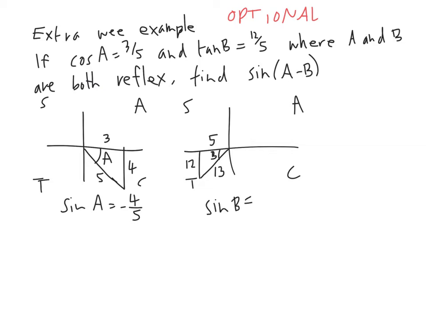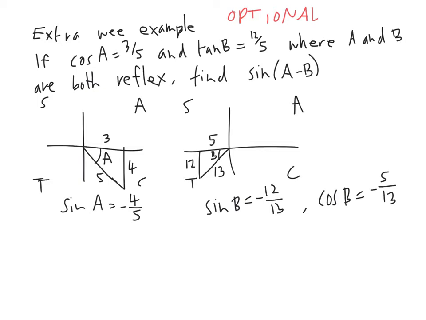So sine B would be the opposite, 12 over hypotenuse 13, and again sine is negative in that quadrant. And finally, we need to know what cos B is. It would be the adjacent 5 over hypotenuse 13, and cos is negative in that quadrant.